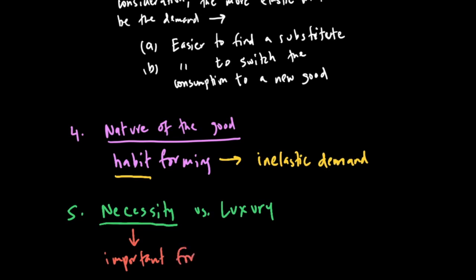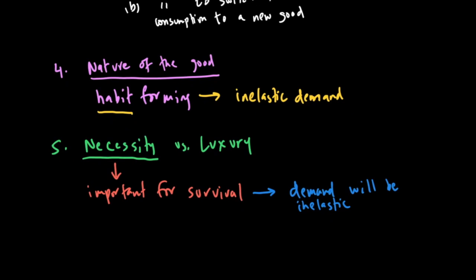And if it is important for survival, then automatically we will say that the demand will be inelastic. Why? Because people will not find it easy to switch or stop consuming those goods because they are important for our survival. So water, food, housing, clothing, all of these are necessity goods which have an inelastic demand because consumers find it difficult to switch.